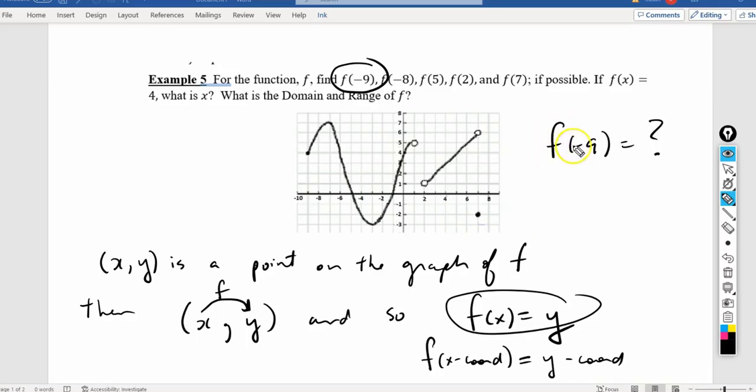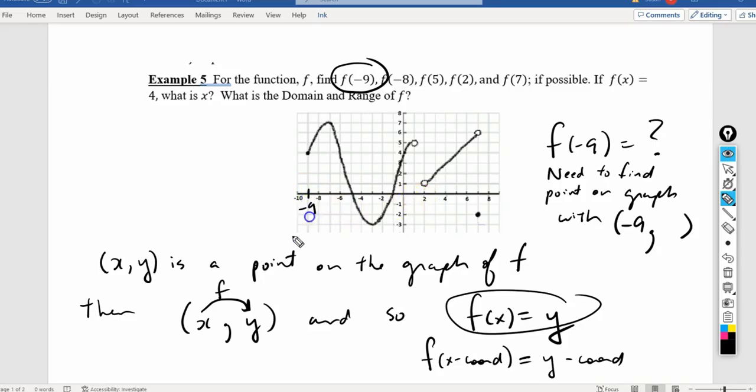So if we want to find f evaluated at -9, you need to find a point on the graph whose x-coordinate is -9. So here's -9, and this point here has x-coordinate -9, and its y-coordinate is 4.